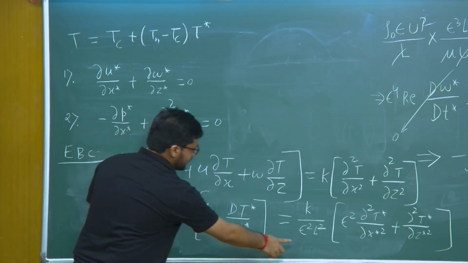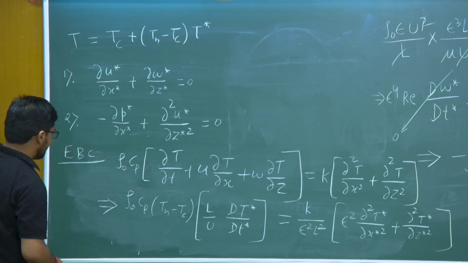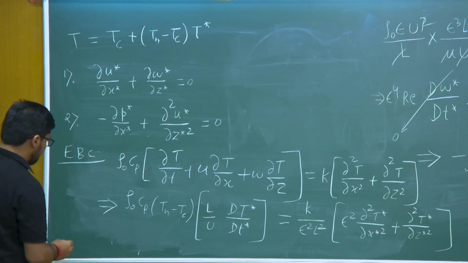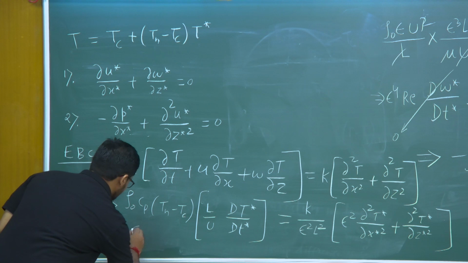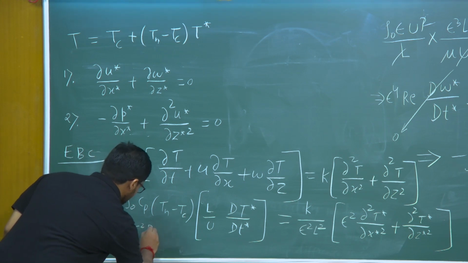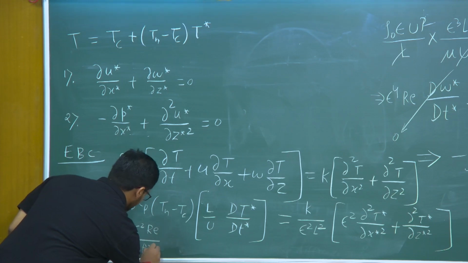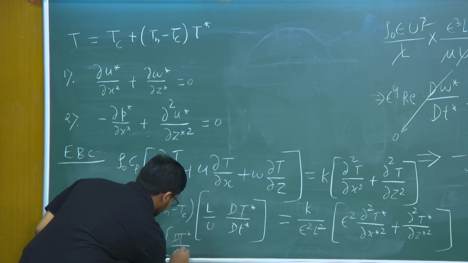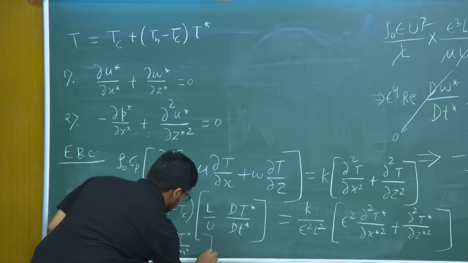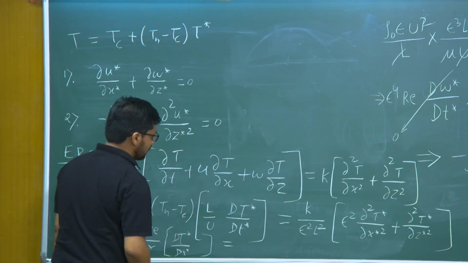And you can send this term again to the LHS, and you will get something like epsilon square Reynolds number upon Prandtl number times dt star upon dt star, that is equal to this term epsilon square.